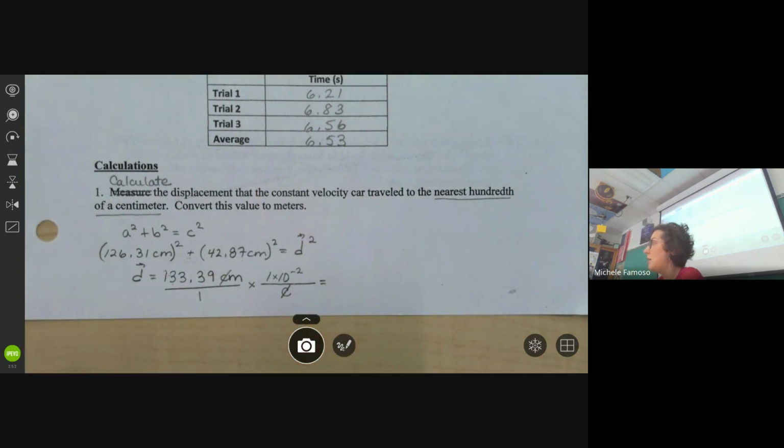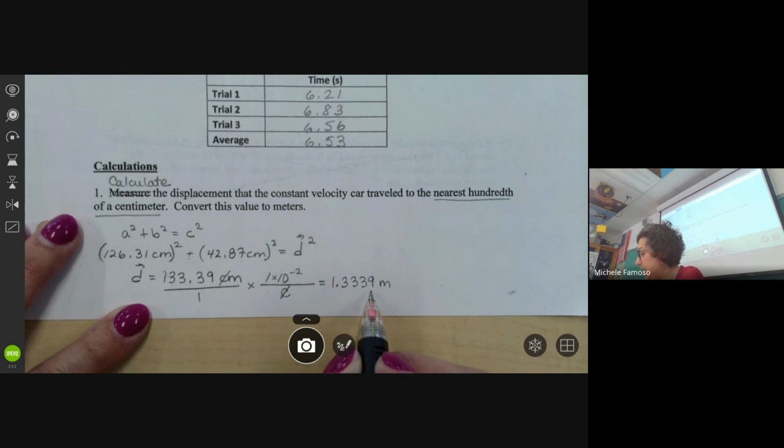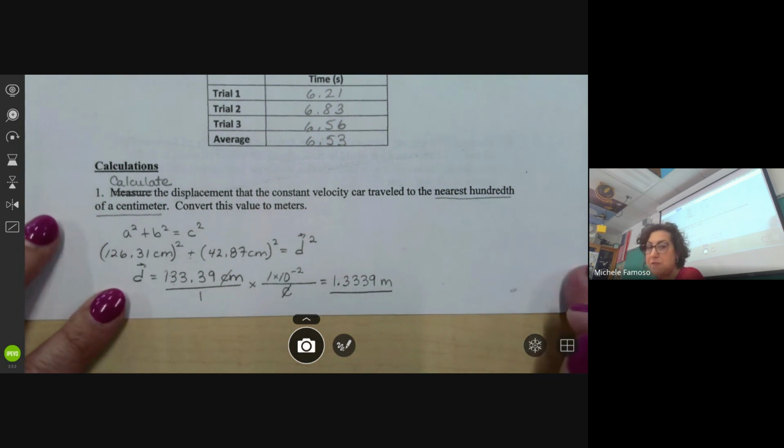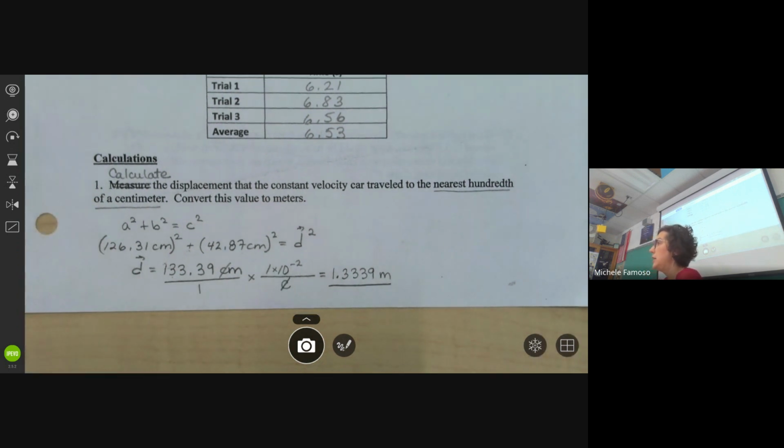The centis cancel. And now you just go to your calculator, multiply them out, get an answer. You're going to keep all the digits. You don't drop them because the 100th of a centimeter is the 10,000th of a meter. So that is half of the answer I need.